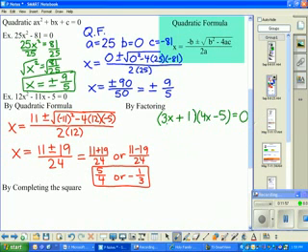I don't remember which one I had where, but if I switch them around here, now if I check first, outer, inner, and the last, this would give me the negative 11x in the middle. So I'm happy about that. So those are my 2 factors, so make sure those work out.